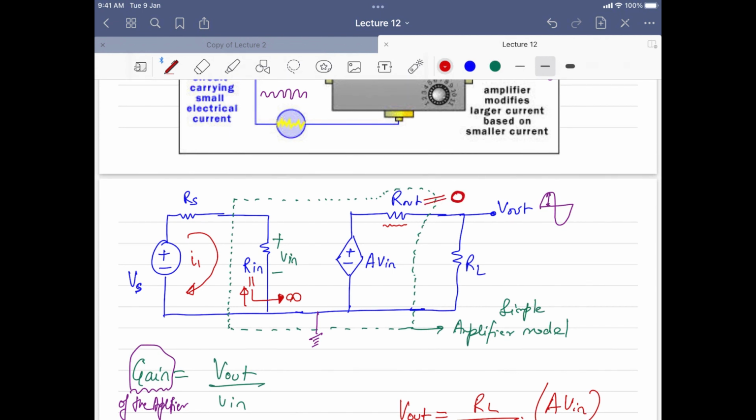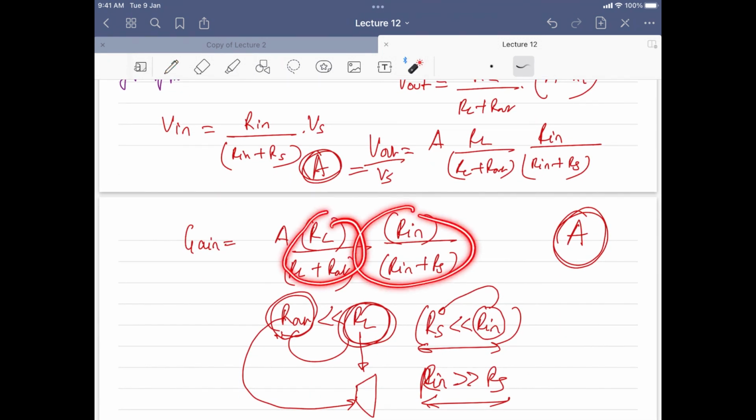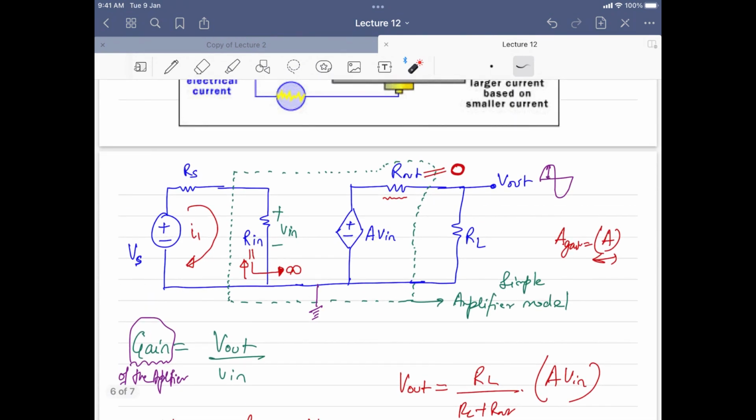So if this is the situation, then your gain will be actually equal to capital A, and there will be no multiplications with this because all of this will become 1. Understood?